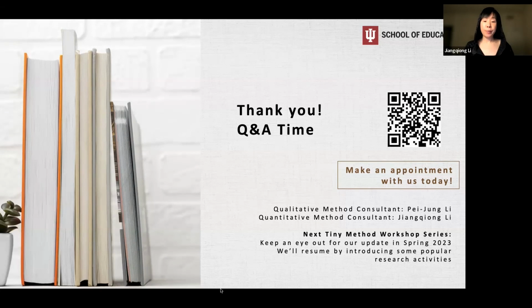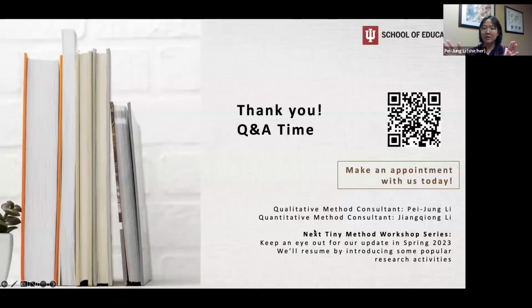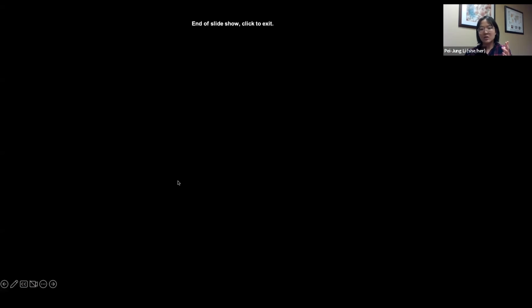We're all good. So before we close up, we have a really quick announcement: this will be our last tiny method workshop for this semester, but we will continue doing that. As I said at the beginning, our goal is to create a series of workshops that covers everything from the beginning to the end. We've already covered how to identify the research focus and create research questions, and now we are doing research design.